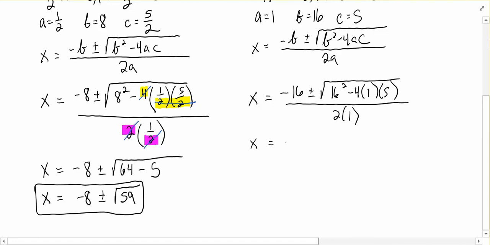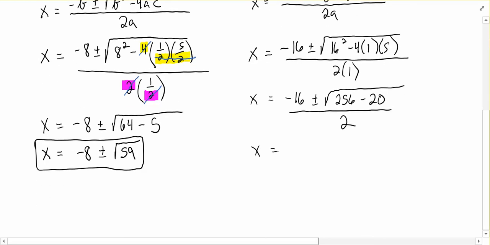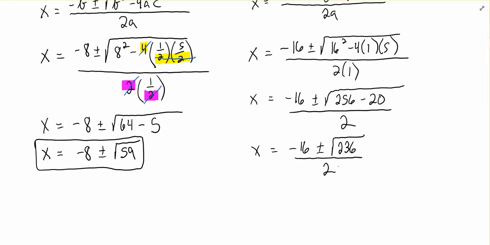So one of the first things that you're probably going to notice about this variation of the problem is our numbers are going to get big. 16 squared is 256 minus 20 over 2, or -16 plus or minus the square root of 236 over 2. Now at this point, this is where we should have been done if we used the trick.